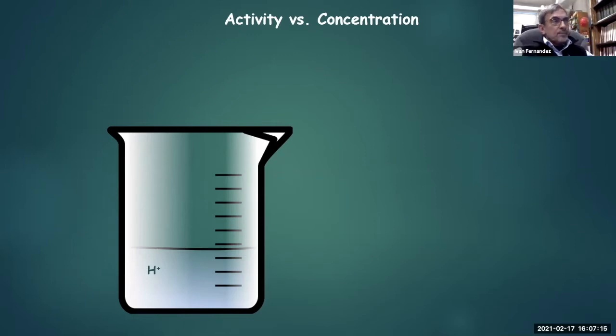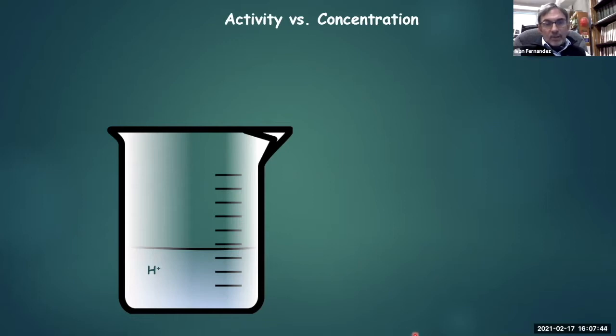Okay, thank you. So here we have a beaker, and let's say this is a certain amount of hydrogen, and it represents the concentration. Without using units for the moment, it's one hydrogen that's here, and everything else is just water in the bottom of the beaker. In this case, concentration and activity are identical because there's just that one hydrogen.